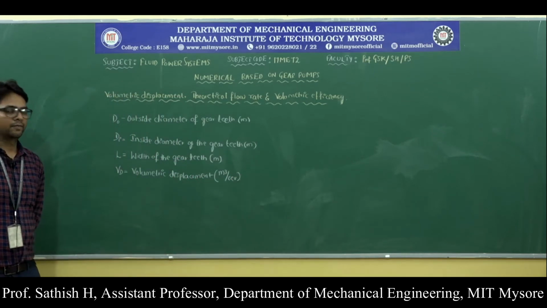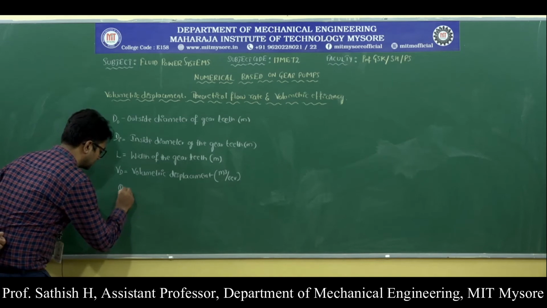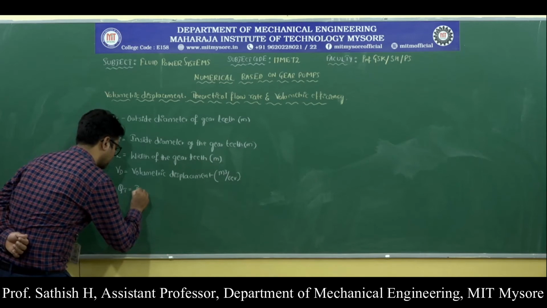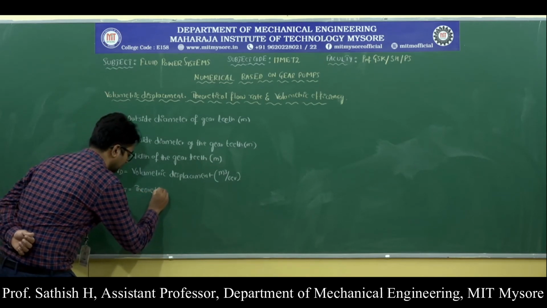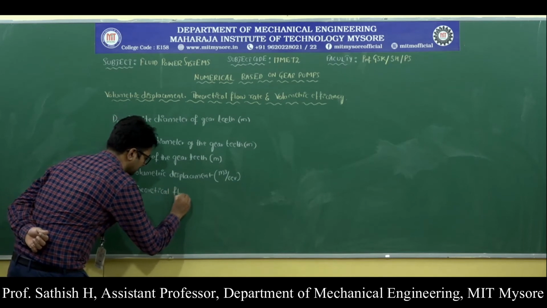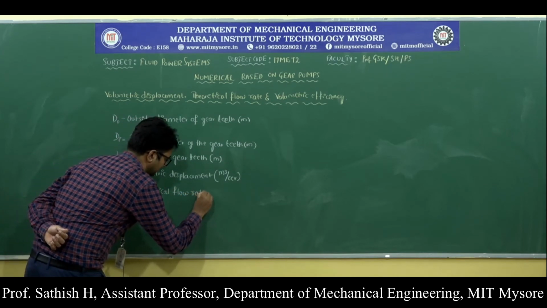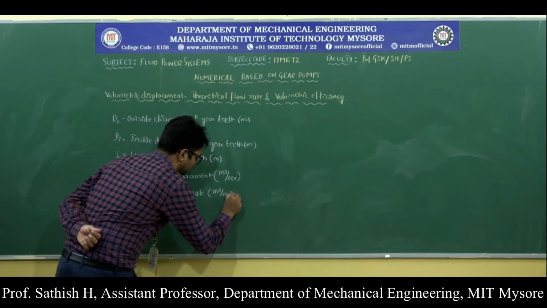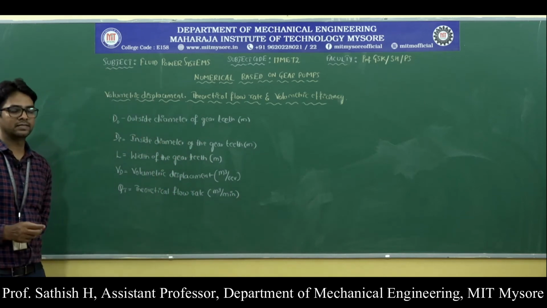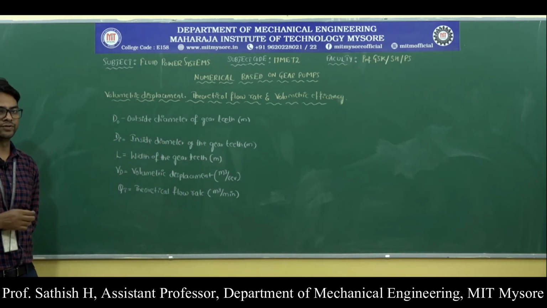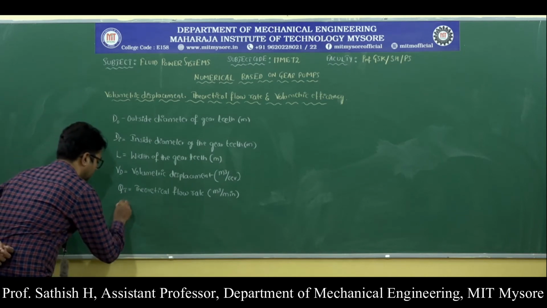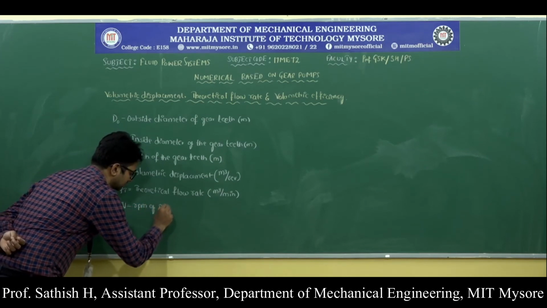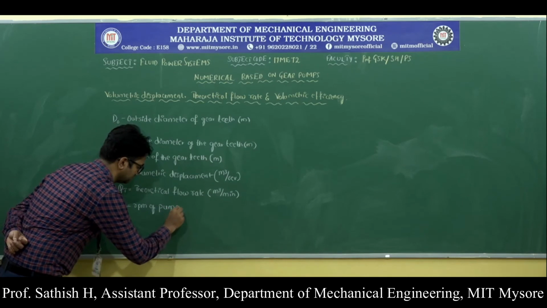Next is Qt, that is Q suffix t, the theoretical flow rate, in meter cube per minute. And then we need one more parameter, that is capital letter N, the number of revolutions per minute, so capital N is equal to the RPM of the pump, okay.